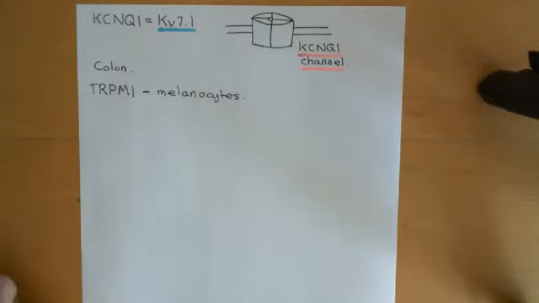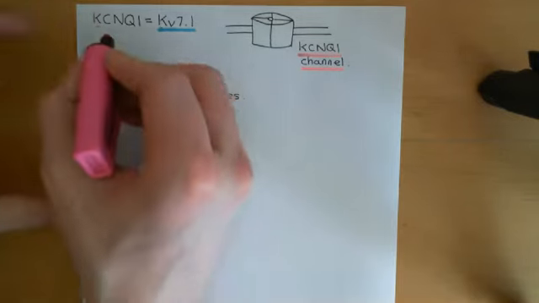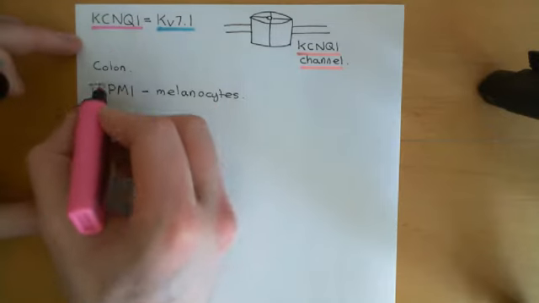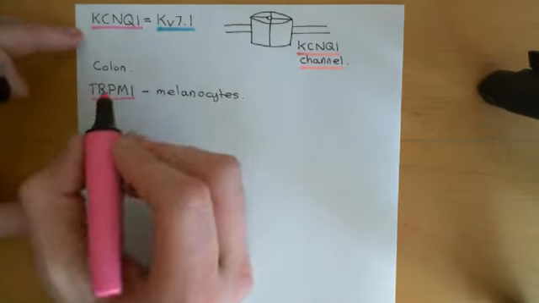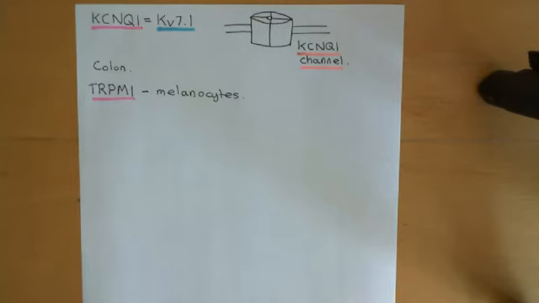So TRPM1 and KCNQ1 both seem, therefore, to potentially be tumour suppressors. How they have an anti-proliferative effect, we don't know. No pathways are here, it's just raw findings at the moment. Okay, so that's now the tumour suppressor ones discussed.